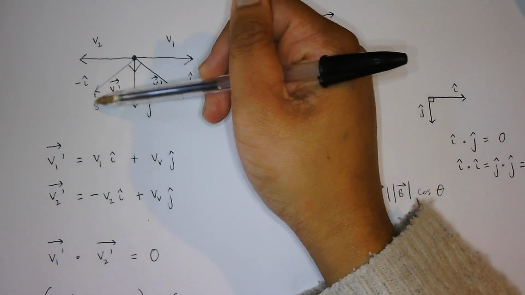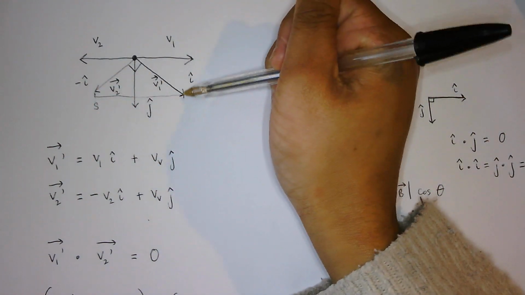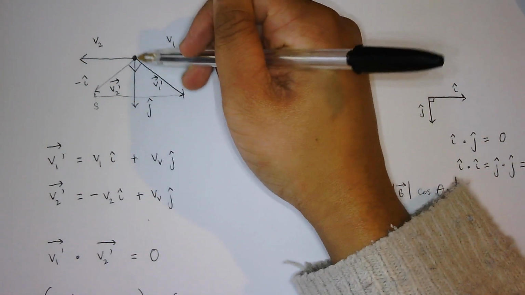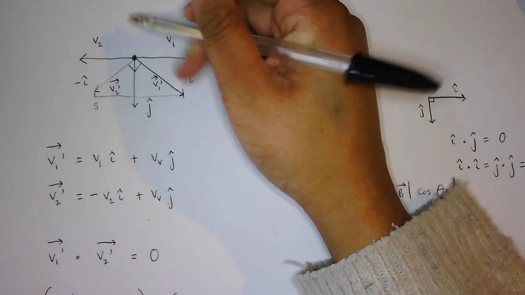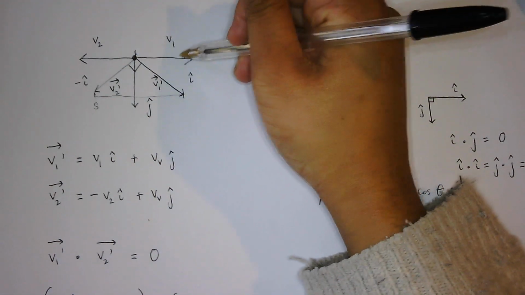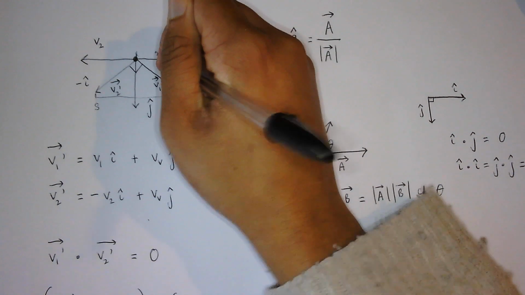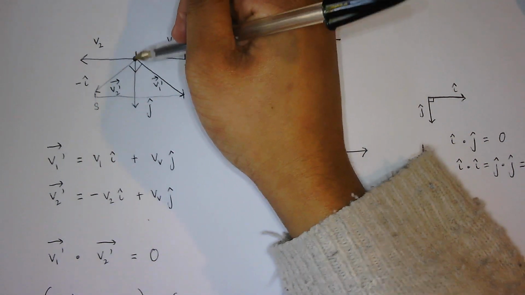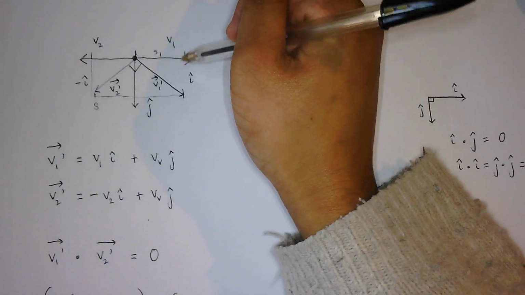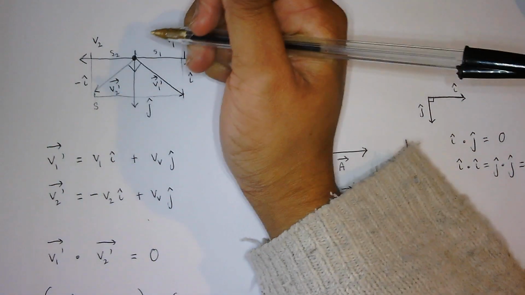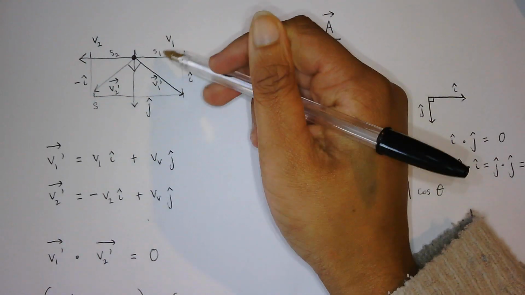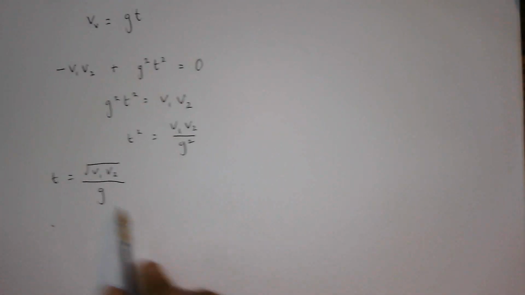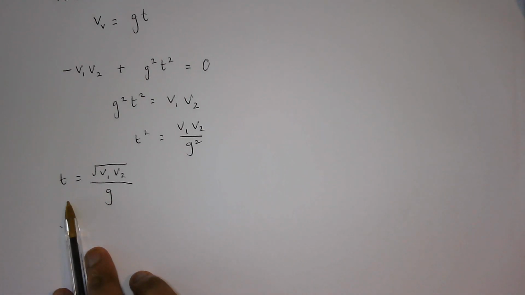That distance is equal to the horizontal distance travelled by the first particle, from there to there, which we can call S1, added to the distance travelled by the second particle, there to there, which we can call S2. And now that we have the time that it takes for everything to happen, we can work out what those two distances are.